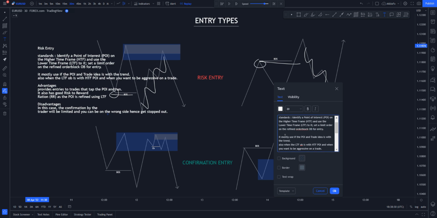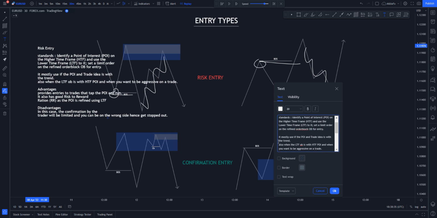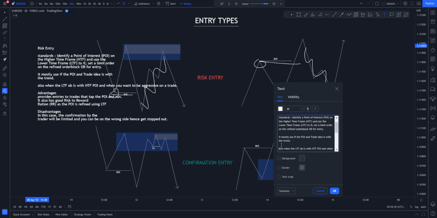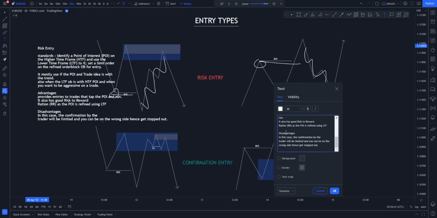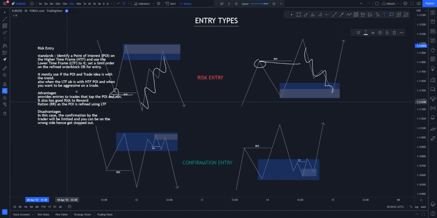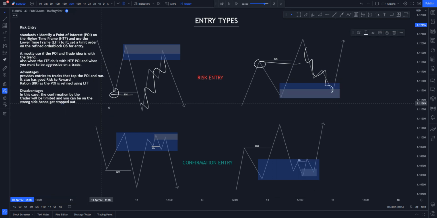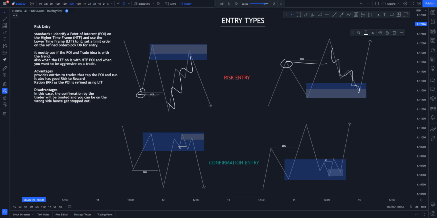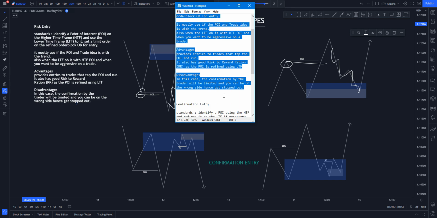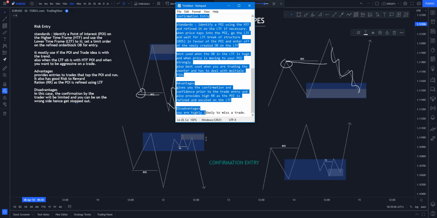Yep, this, and also this. Great. So let's go to the disadvantages. We have this, basically this. All right, so this is the risk entry criteria, and let's bring the other one, the confirmation entry criteria.